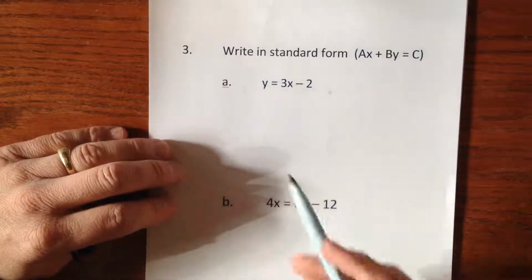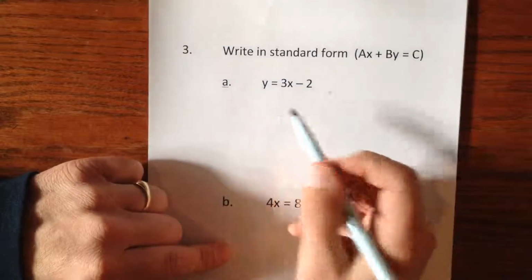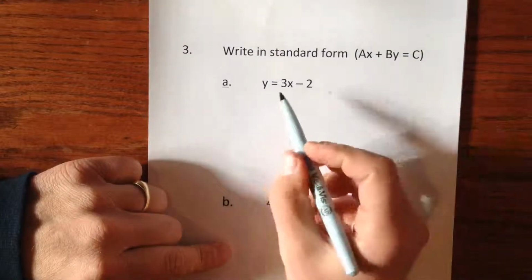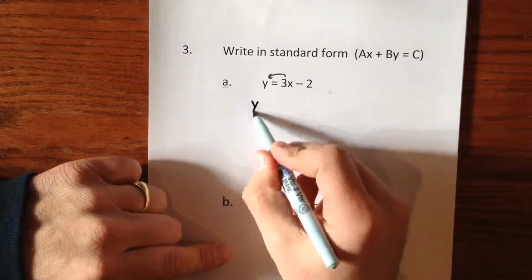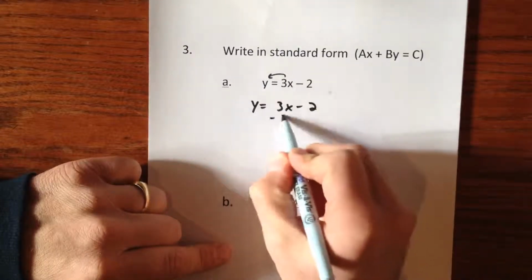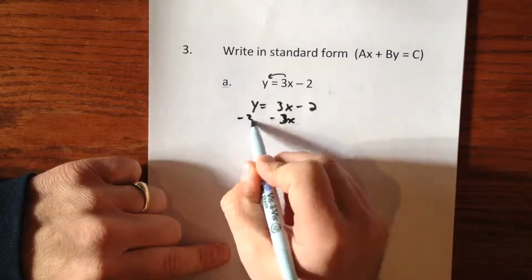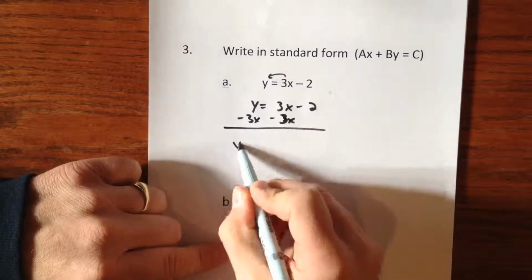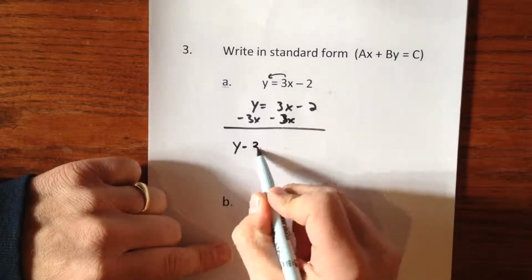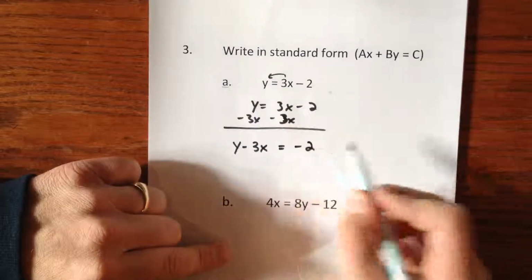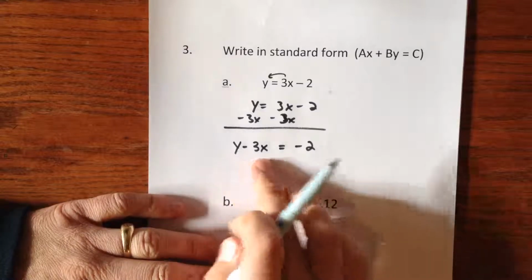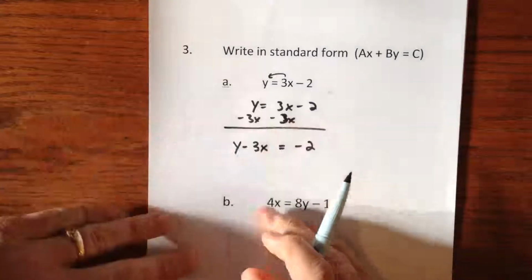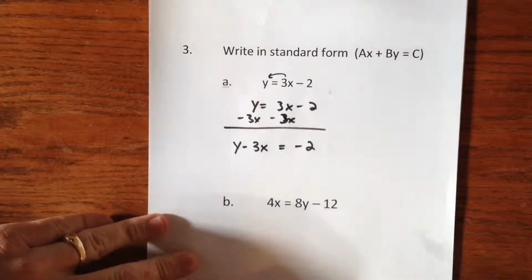So in these two examples, really it's 2 steps for the first one. I need to bring this one over with the Y. How do I do that? Well, here, I'll rewrite it. I subtract 3x from both sides, and I get Y minus 3x equals -2. Basically I just subtracted 3x from both sides, and now I have x and y on the same side, but the x is negative.